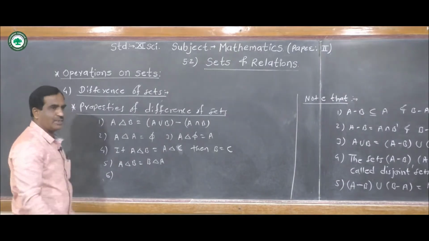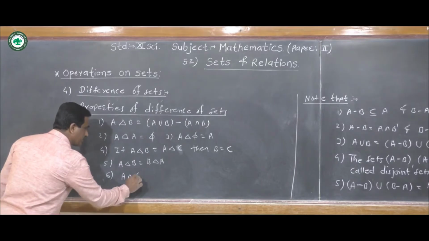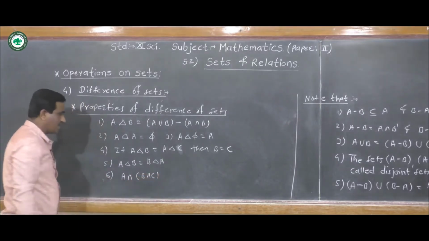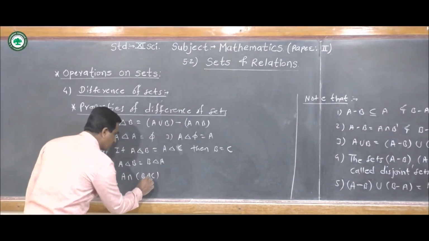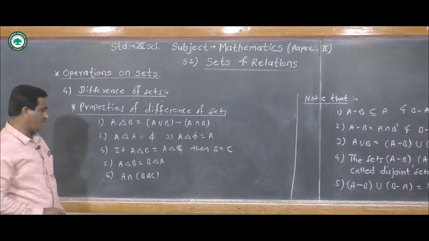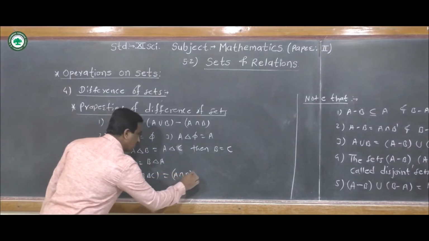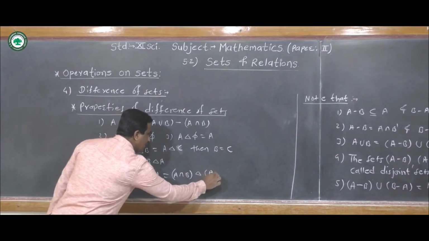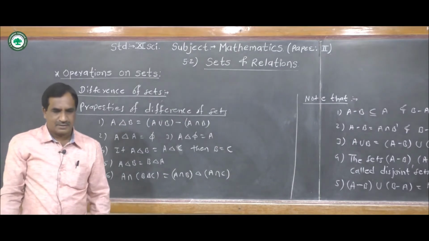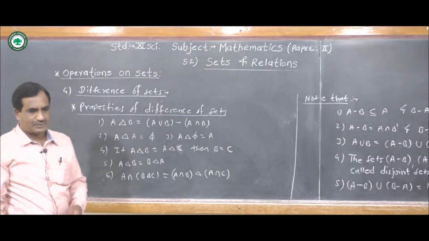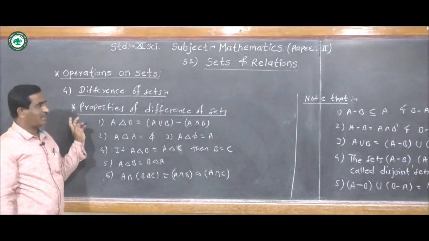Property number 6 is A intersection (B delta C) is equal to (A intersection B) delta (A intersection C). Okay. Now these are some properties for difference of sets.